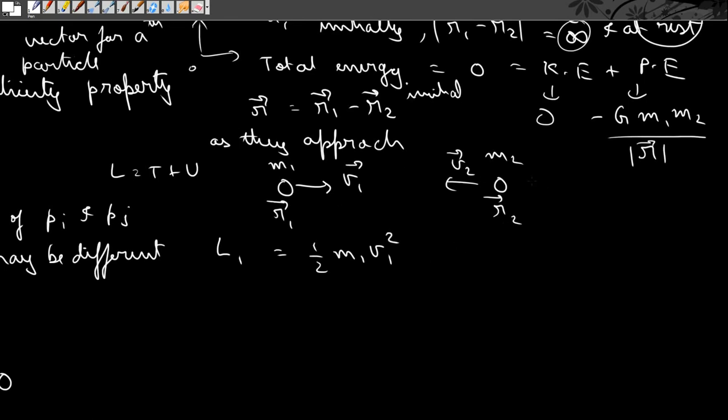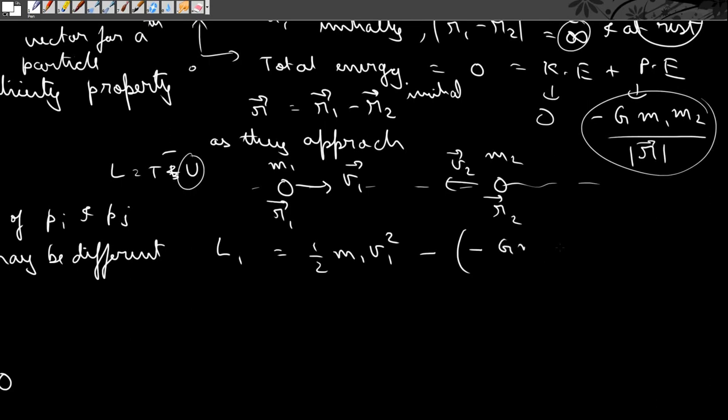If this is only in one dimension, we don't have to worry about other components, and I can drop the vector notation. So this is half m1 v1 square minus G m1 m2 by mod R1 minus R2.